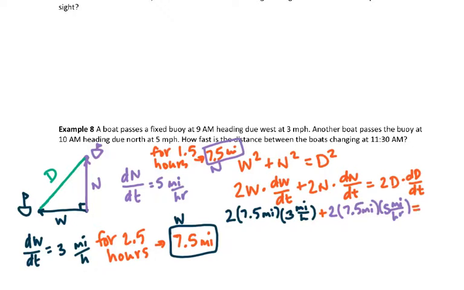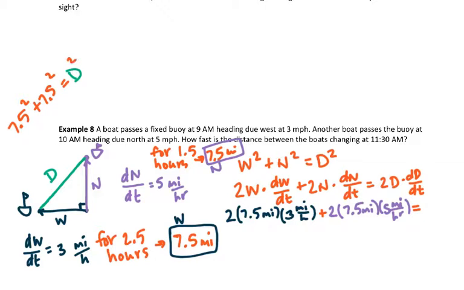equals, now, I'm only trying to find the rate that the distance is changing between them. So that's telling me I should actually know this. And this is how it ties back to our previous one. If I know these two particular moments in time are the legs of this triangle, it's also giving me an implied value for the distance between them, right? So essentially what we have over here is a 7.5 squared plus 7.5 squared moment in time.